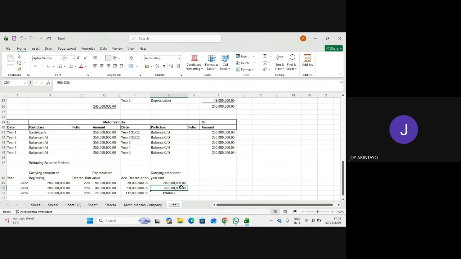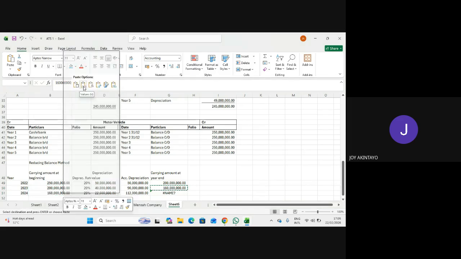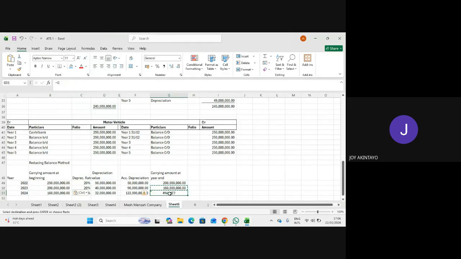So this will be your carrying amount at the beginning of the period. What we just need here is the carrying amount. Are we together? So equal 160 minus 32.